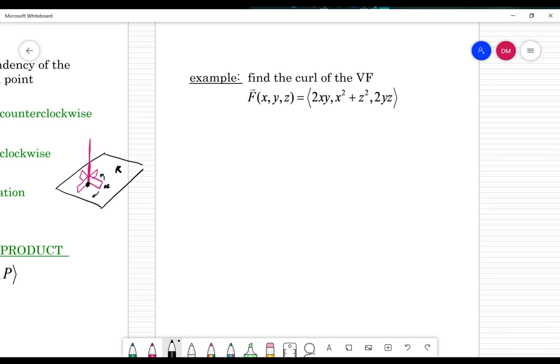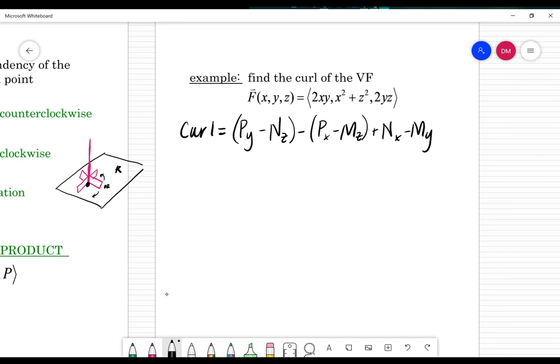So I'm just going to write that again here. Find the curl of this vector field as an example. In order to do that, like I said, we are going to take this, and then we're going to go ahead and substitute in all of our partials here.